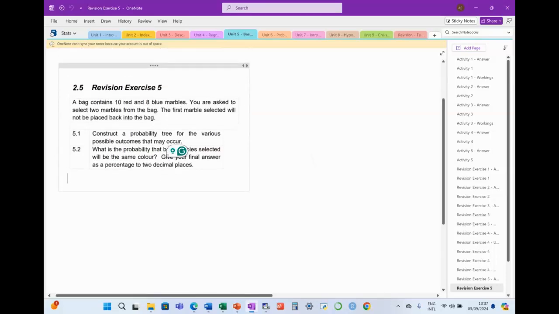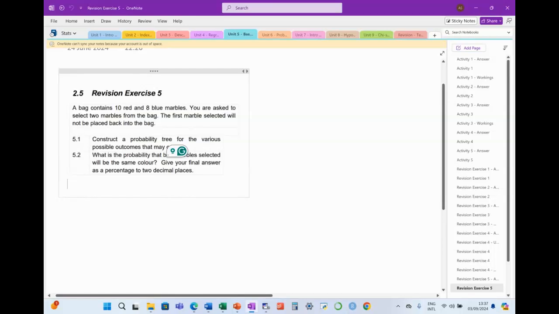Okay. So here they say we have a bag of 10 red and 8 blue marbles. You are asked to select 2 marbles from the bag. The first marble selected will not be placed back into the bag.